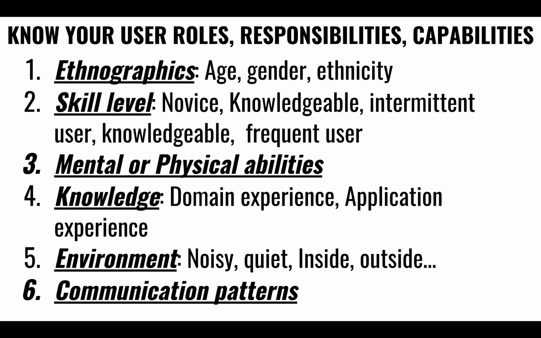So basically what we want to do is some human-computer interaction studies on some of these folks, and try to identify folks that have the same ethnographics, maybe the same skill level, maybe the same knowledge and environment that real users might be in, right? That they are as real as they can be, without actually using the end user and the client who's actually paying for this.